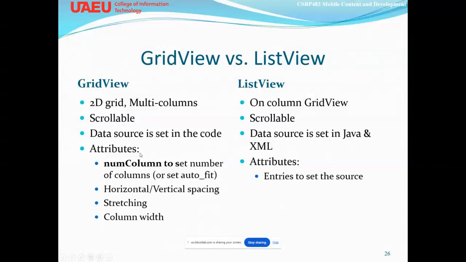In terms of attributes, the GridView has many additional attributes that include number of columns, horizontal and vertical spacing, stretching, column width, and so on and so forth. Meanwhile, the list view doesn't have those additional features. Maybe the entries is the main property that distinguishes it from grid view.